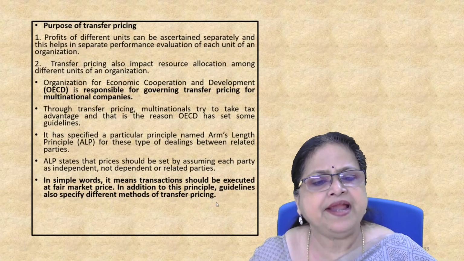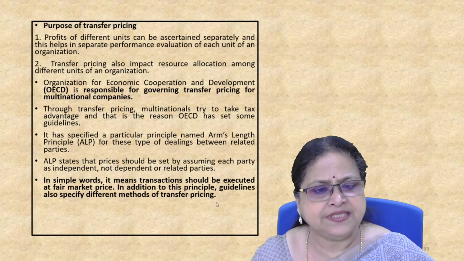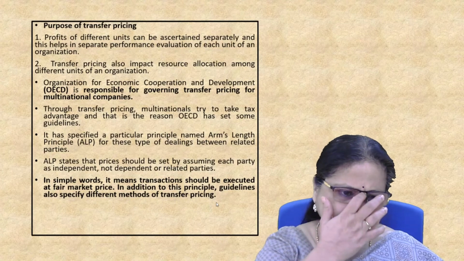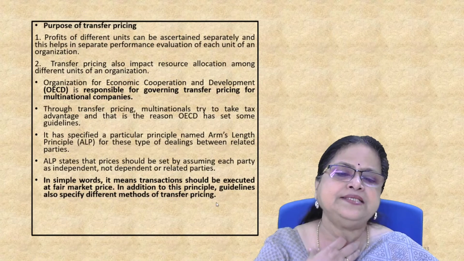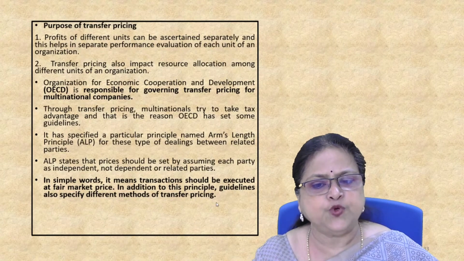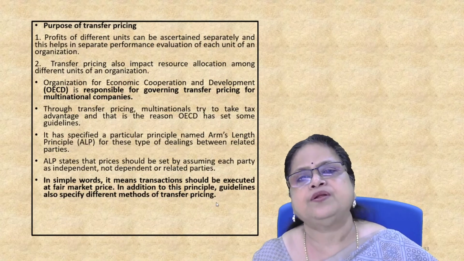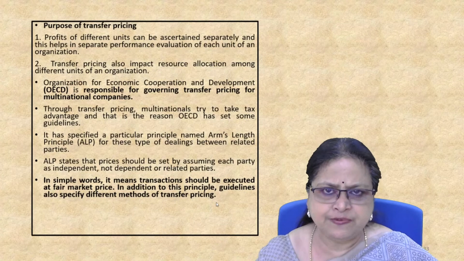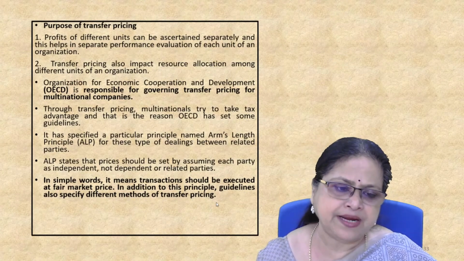It has specified a particular principle named the arm's length principle for these types of dealings between related parties. ALP, or arm's length principle, states that prices should be set by assuming each party as independent, not dependent or related parties. In simple words, it means the transaction should be executed at fair market price.